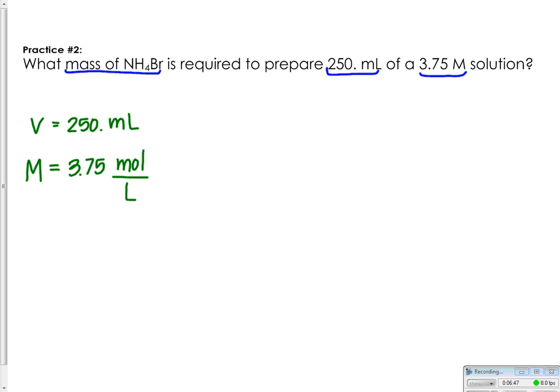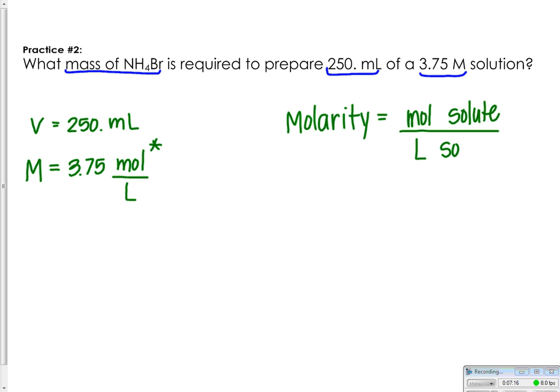Whenever you do a math problem with molarity in it, you should always write the units out the long way, moles divided by liters, because that way you can see what cancels. Now, the formula is molarity equals the moles of the solute divided by the liters of the solution. You were given the liters of the solution and the molarity, so our job is to find the moles of the solute.